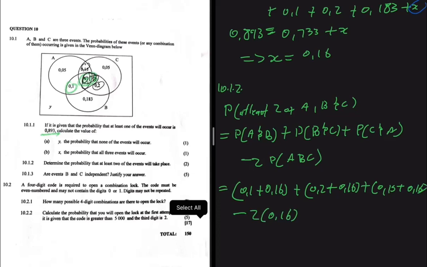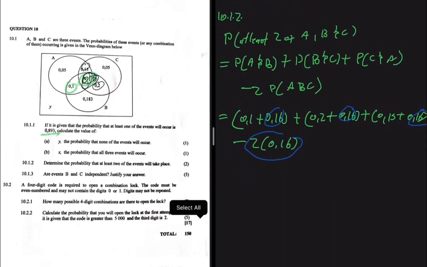You can see here that we counted 0.16 3 times and we're subtracting it twice, so that we end up counting it only once, right? So let me just put that in the calculator, and I'm getting 0.61. So the probability that at least 2 of these events will take place is 0.61.